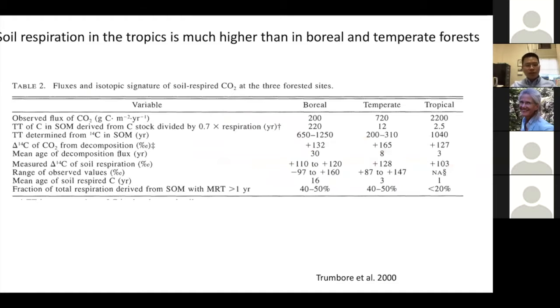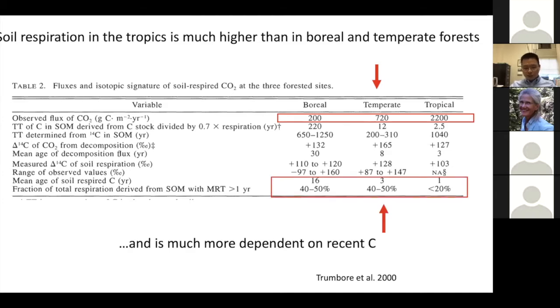A comparison study of boreal, temperate and tropical forests found that tropical forest has much higher soil respiration than boreal and temperate forest. The authors also used the 14C radiocarbon method and found that CO2 from the tropical forest soil was much younger than the CO2 in the boreal and temperate forests.